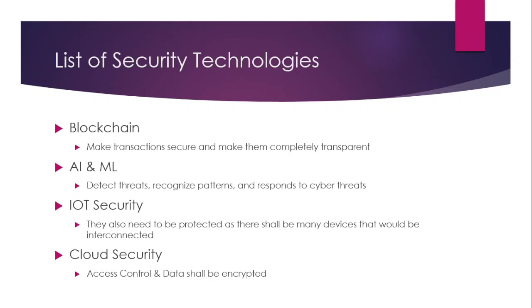The next one is AI and ML. Here the threats and patterns are recognized by software, and they respond to the cyber threats automatically on behalf of the user. Such a beautiful technology if we use it positively. Then there is IoT security.